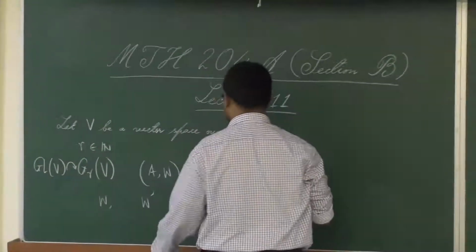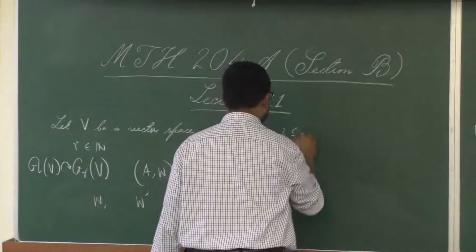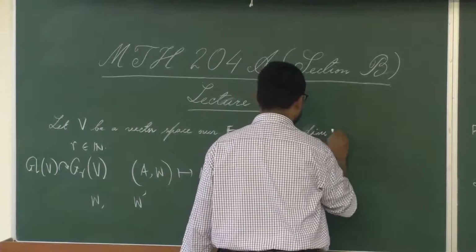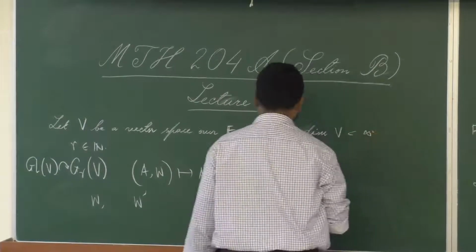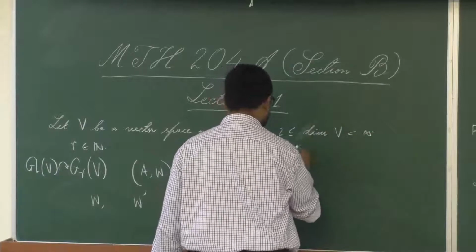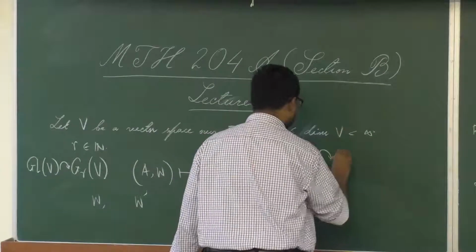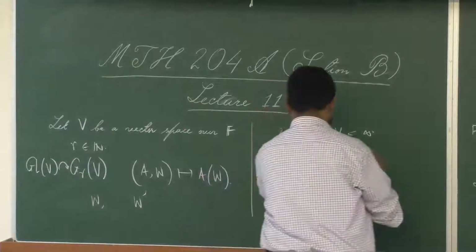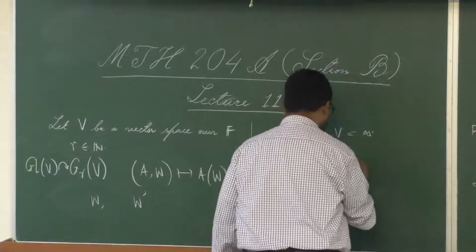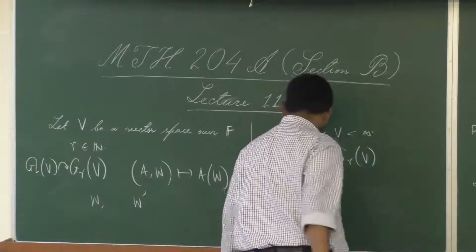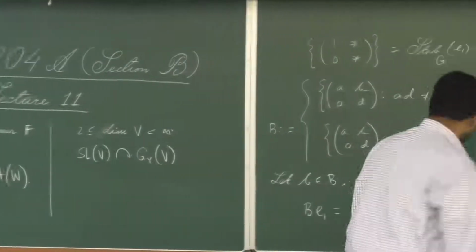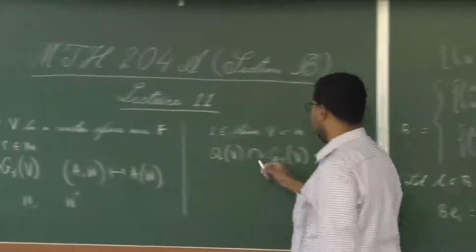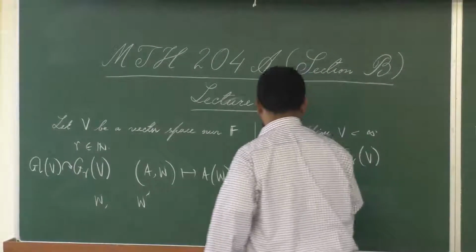And in the special case when the dimension is finite and at least 2, it makes sense to talk about the action of SL(V) on the collection of subspaces, and this action is also transitive.